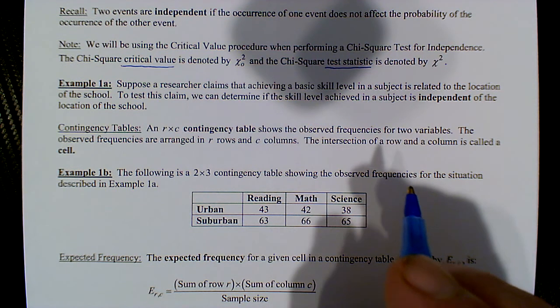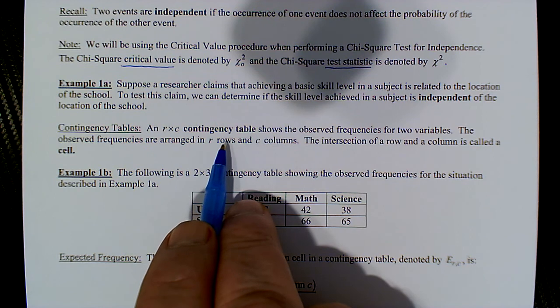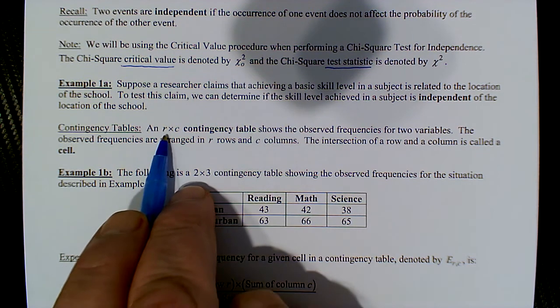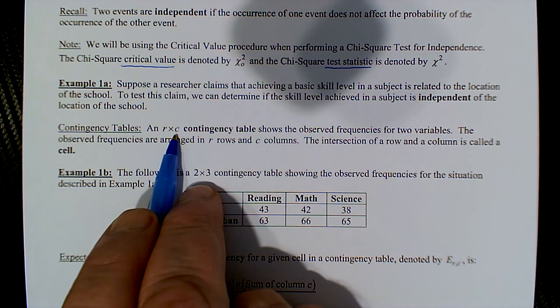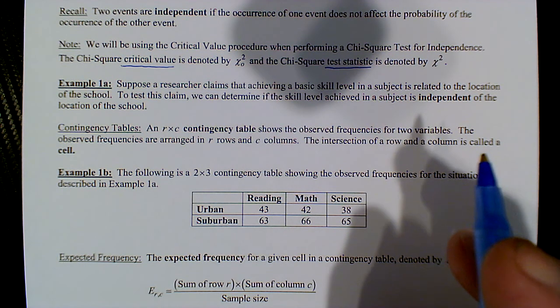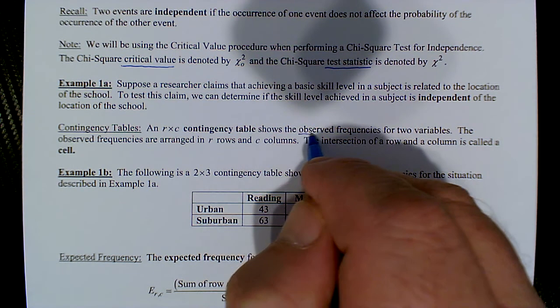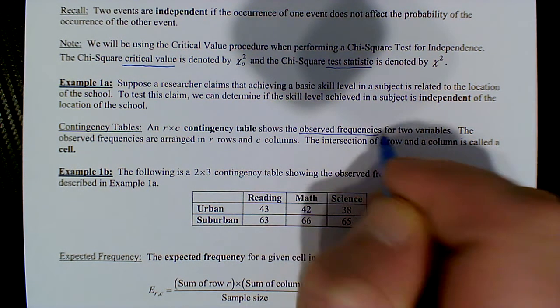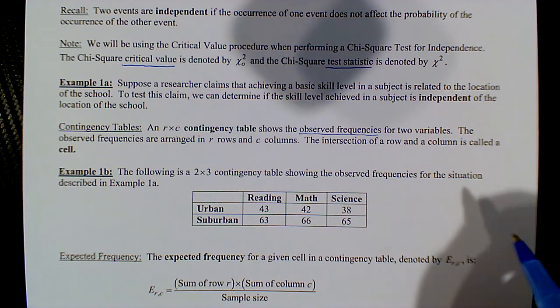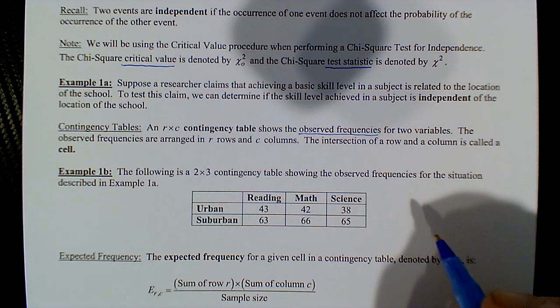So what we do is we form what's called a contingency table. So R stands for rows and C stands for columns. And we have what we refer to as observed frequencies. So those are the frequencies that are tabulated from your little survey or questionnaire.